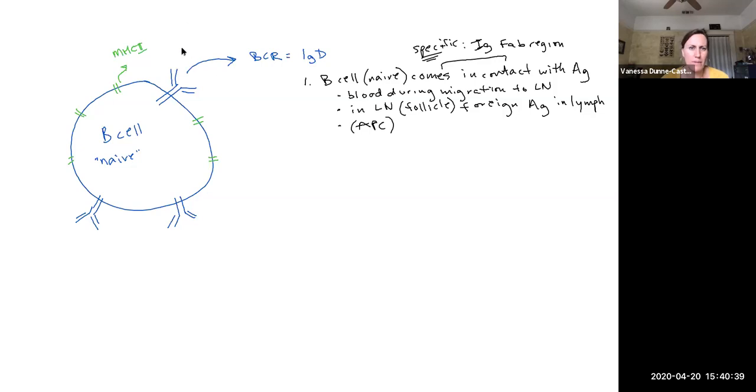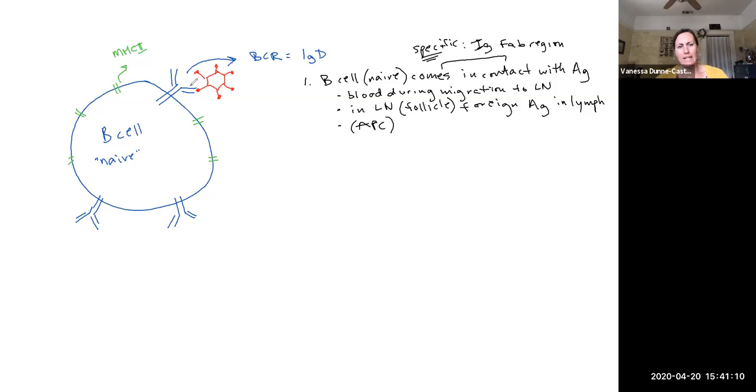So somewhere, somehow, and let's just pretend like this is a virus that's in the blood. And most of the time, it's the glycoprotein spikes that actually have that reactivity with the antigen or with that antibody. So somewhere, somehow, this naive B cell comes in contact with an antigen. And in our example, we're just going to say this is in the blood and this virus interacted with this B cell.